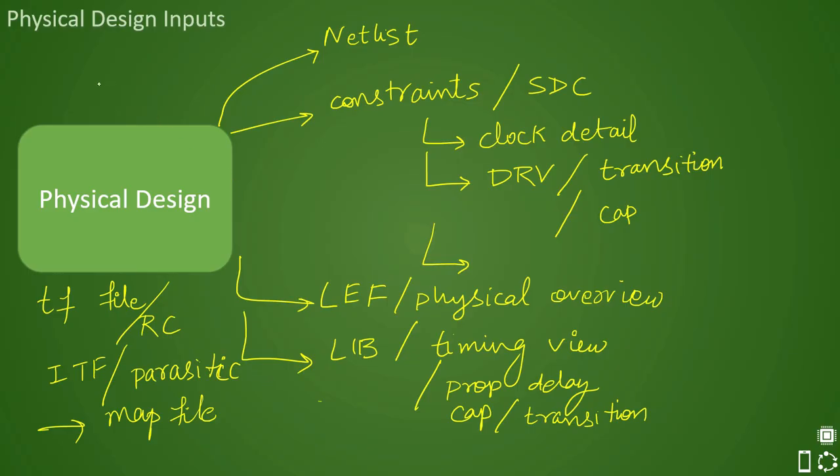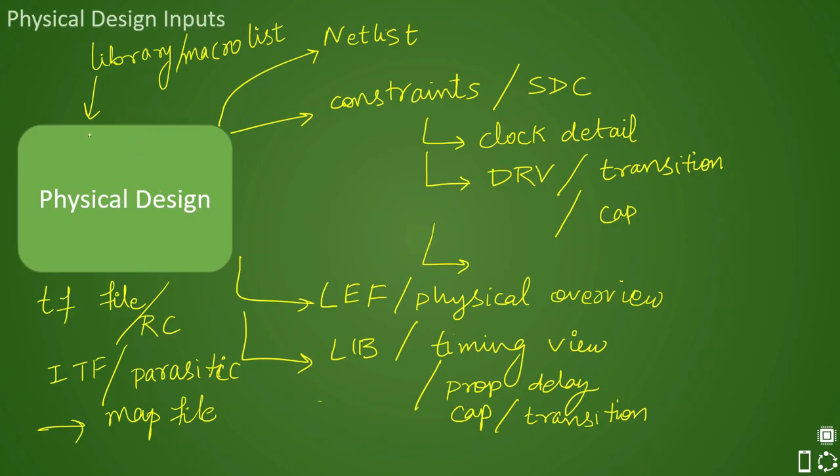There is something called macros. So a list of macros is provided as libraries sometimes, and that will be present as a macro overview. So this macro list is also provided as an input to the physical design, like what macros will be present in the design. So the netlist will contain standard cell information and hierarchical information, and macros to be imported in the design are present in one macro file.